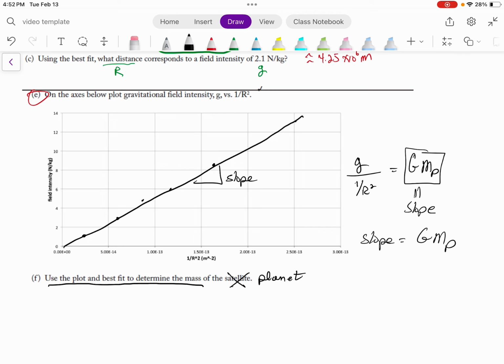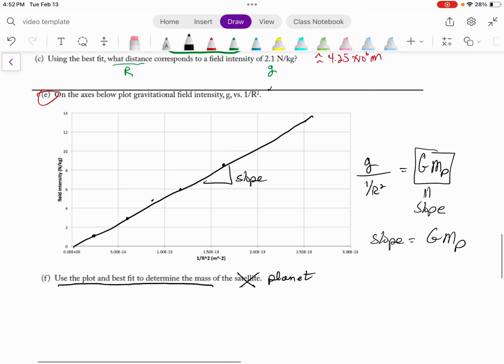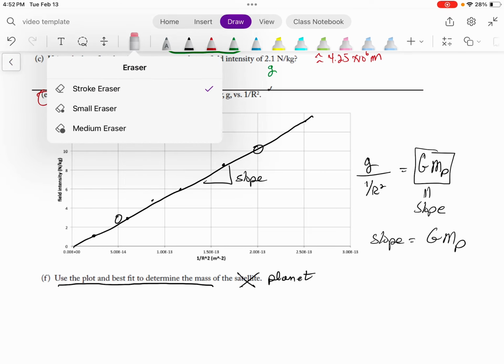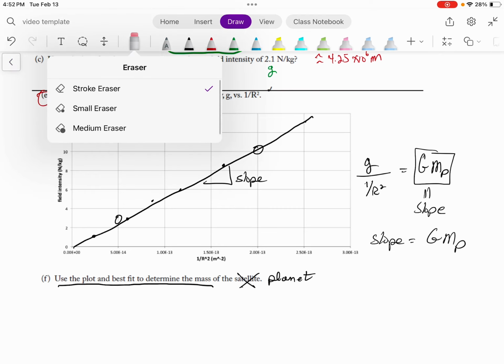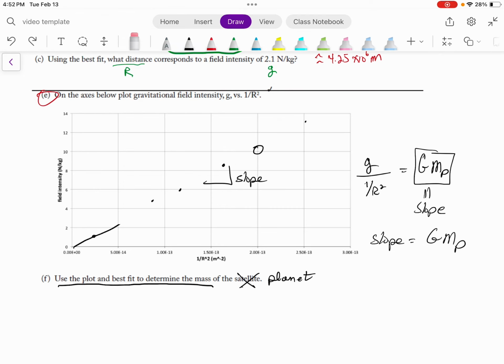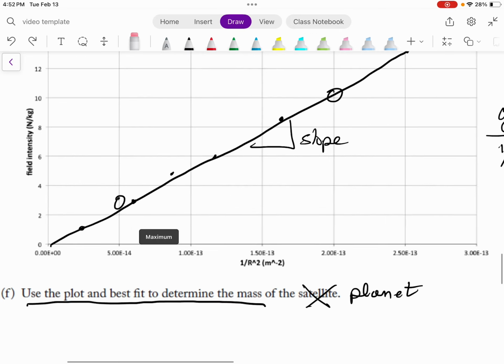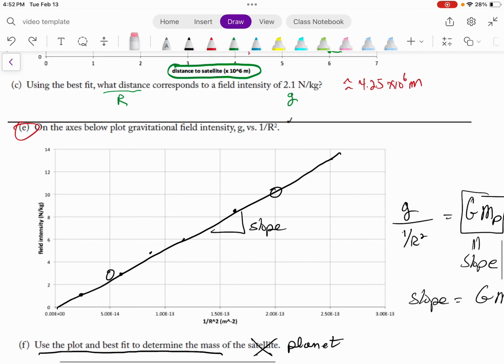Now, you're not going to use the data points. In my original graph, I had that point, and my other point was somewhere in this region. And so my line doesn't look exactly like... Oops, I don't want to do that. Go back. I want to get rid of that dot.